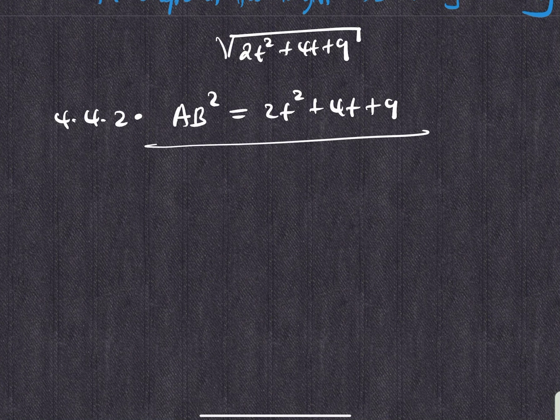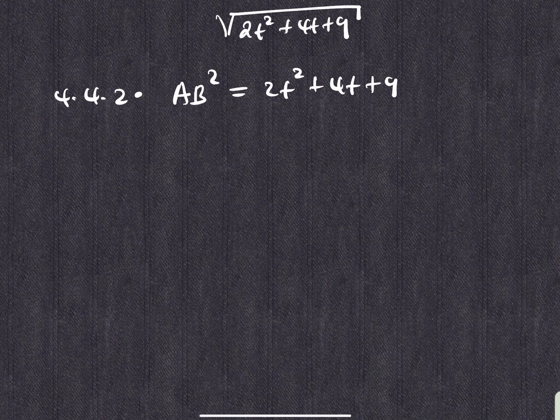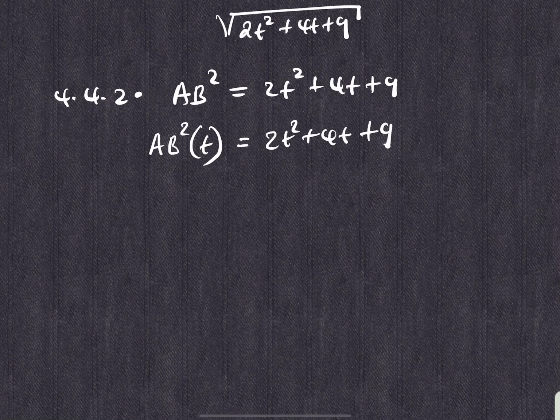When they say a minimum length, I need to clarify this, because I saw a lot of crisis from a lot of you. When they say a minimum distance, this is now a function of t. This is AB squared, and it really becomes a function of t, 2t squared plus 4t plus 9.